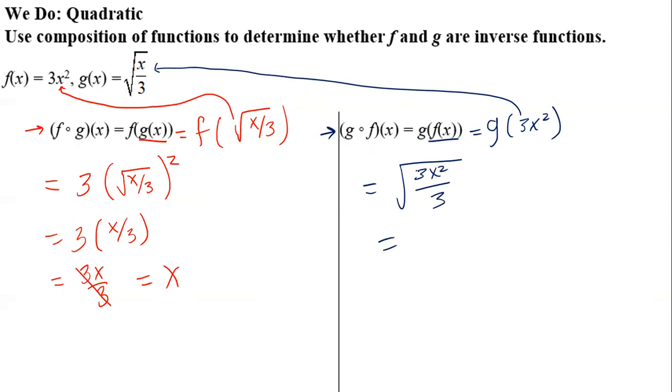When I simplify this, my 3's again become Casper the friendly one. And I'm just left with the square root of x squared. The square root of a square is itself. So both sides equal x. That means that f of x and g of x are inverses.